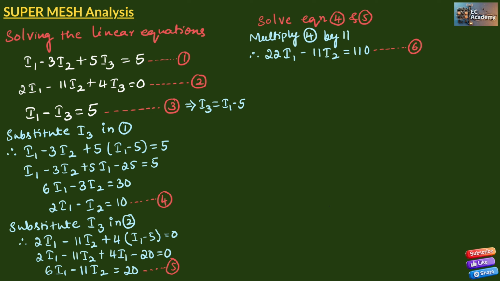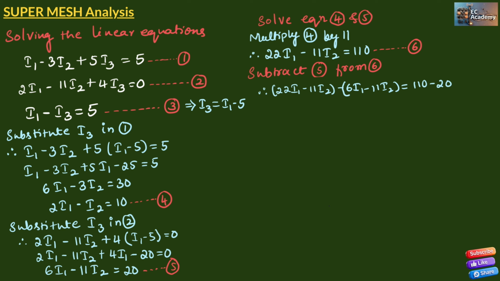So let us subtract equation 5 from equation 6. Therefore, we can write 22I1 minus 11I2 minus 6I1 minus 11I2 will be equal to 110 minus 20. If we expand the above equation, we'll get 22I1 minus 11I2 minus 6I1 plus 11I2 equal to 90.